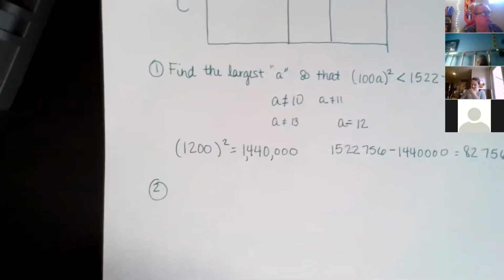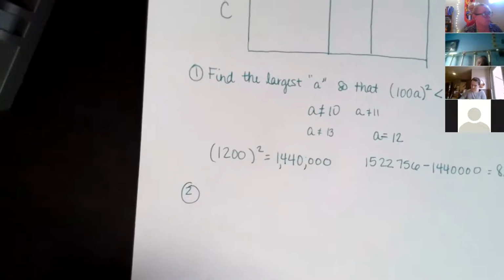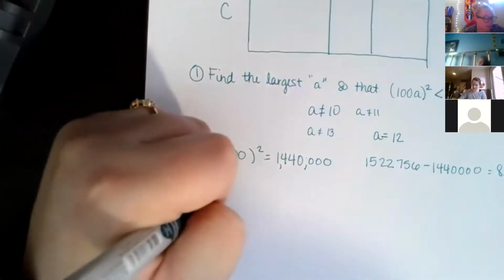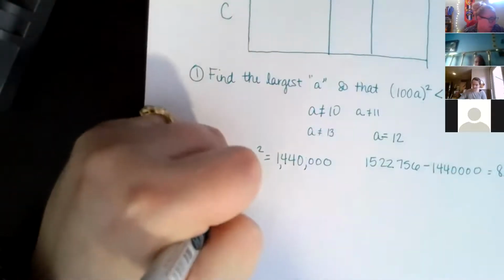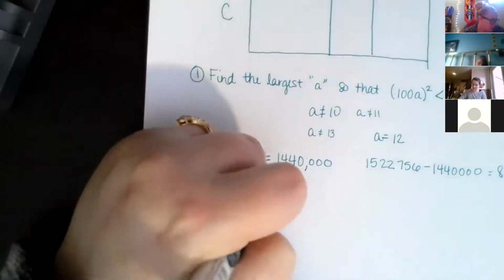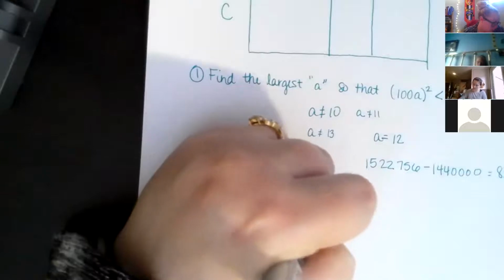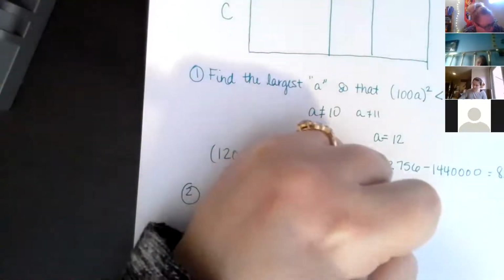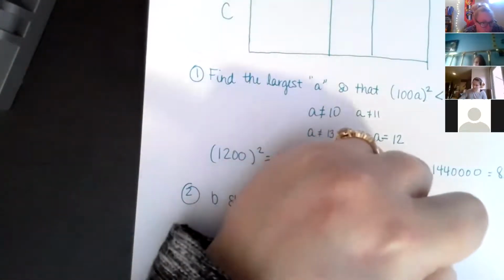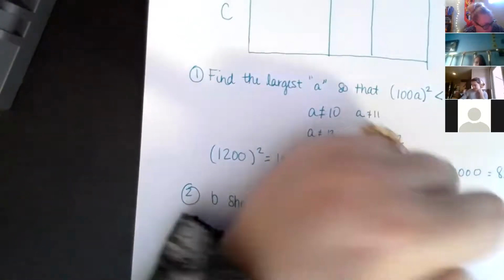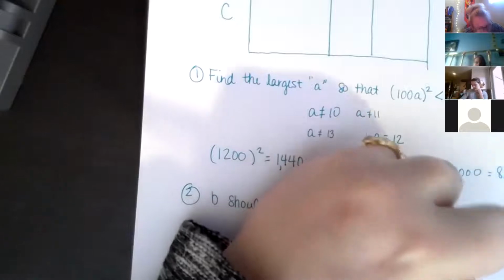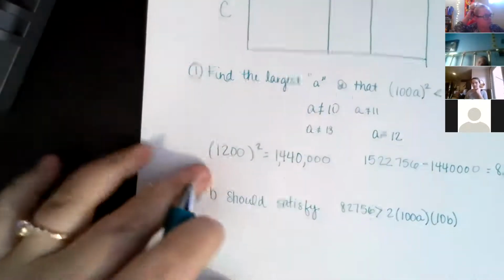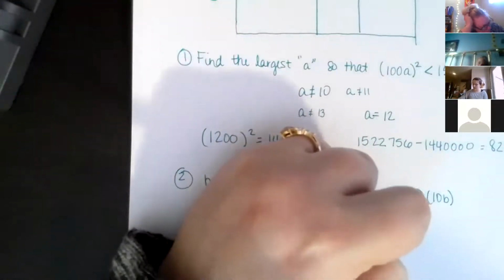Cool. Okay. So now B should satisfy... it should be small. 2 times 100A times 10B is going to be smaller than 82,756.